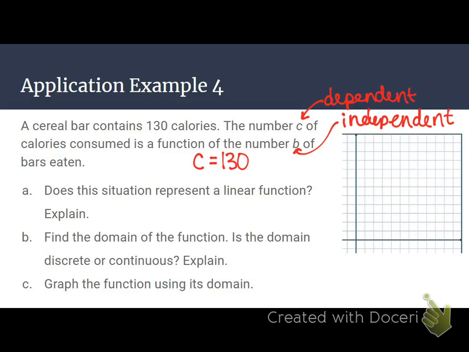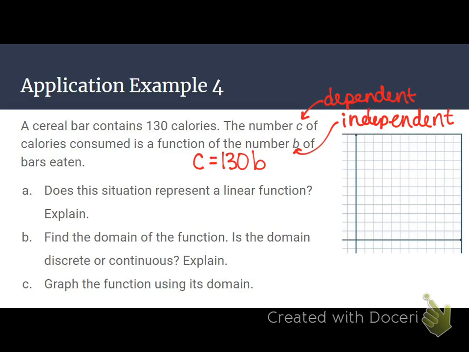You get 130 calories for every bar you eat. Multiplication is the one related to division. So we take the number of bars we eat, we multiply it by 130. That's how many calories we've consumed.